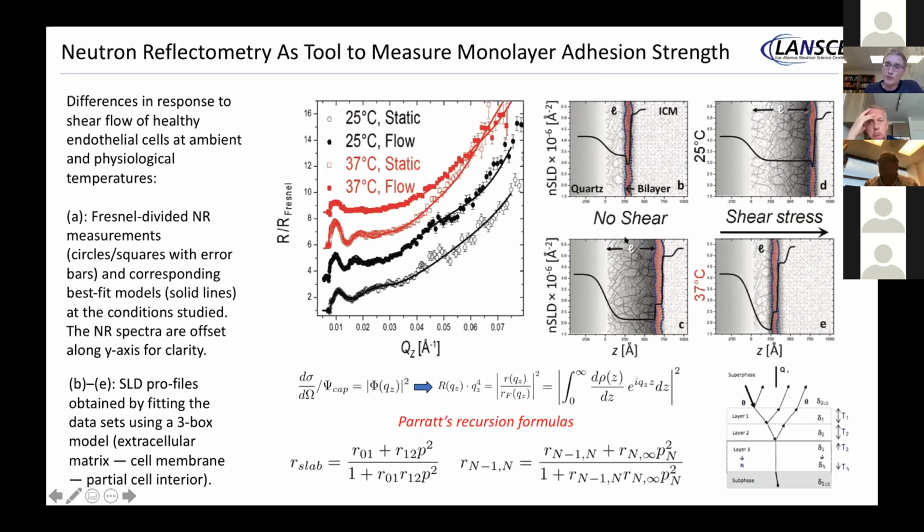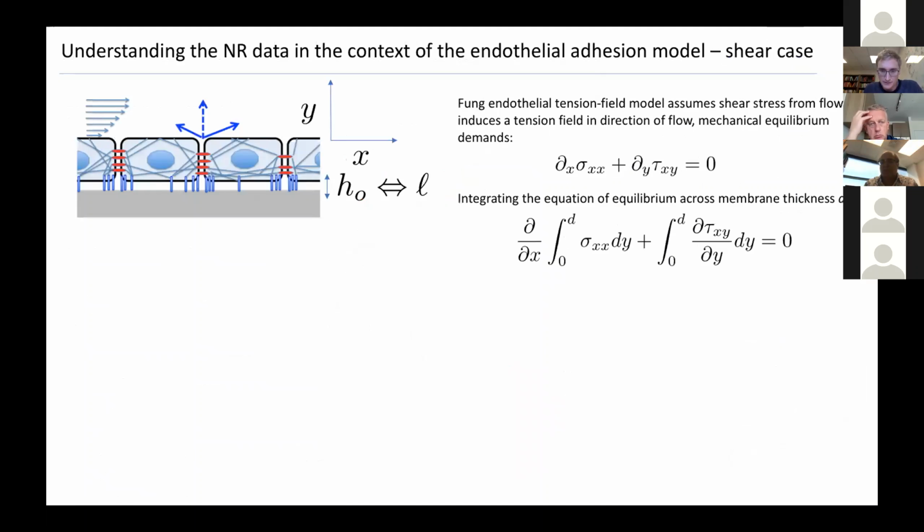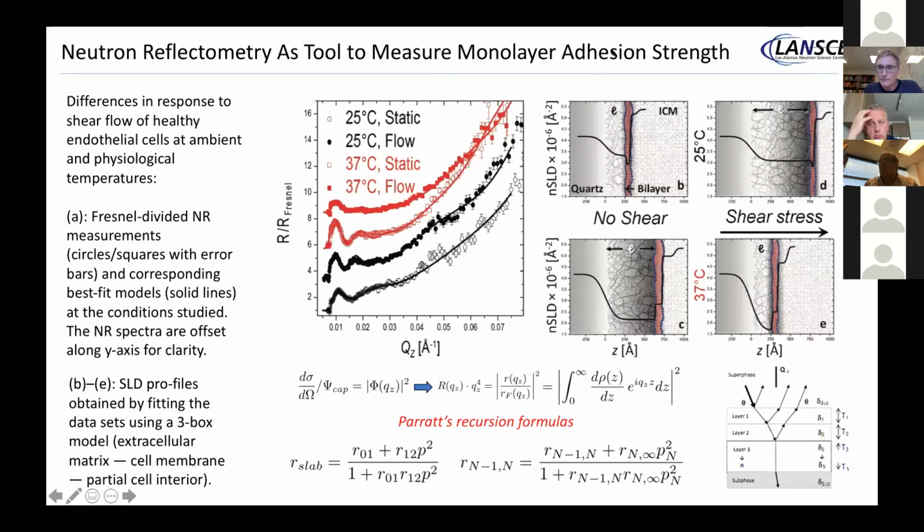We saw a few things, and I'll go into more detail of this later on. We saw at 25 degrees that if we turned shear on, the cell monolayer tended to lift away from the quartz. So shear was inducing a separation or increase in the thickness of the extracellular matrix.